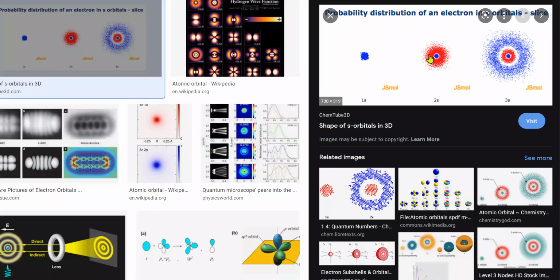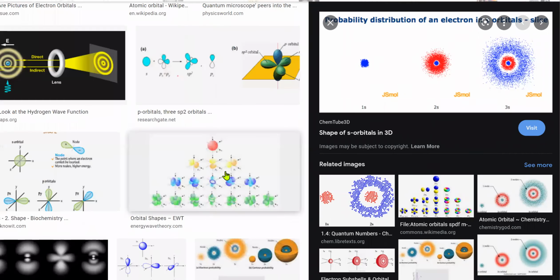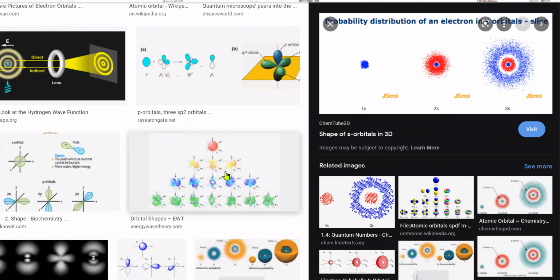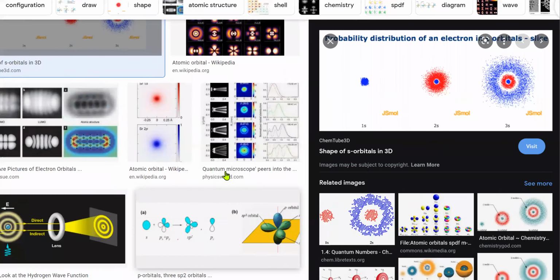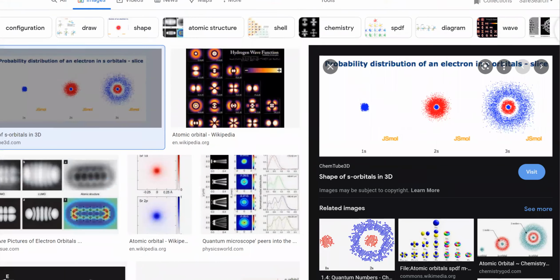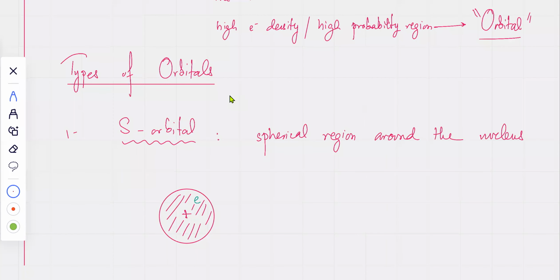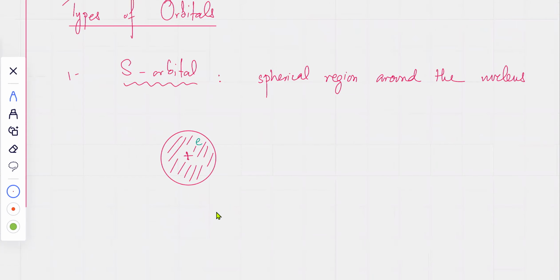So it's going to be a spherical region around the nucleus where you're going to find that particular electron. I couldn't find an actual image, but I think that should be good enough. So that's a spherical region. That's known as an s orbital. Is this clear?